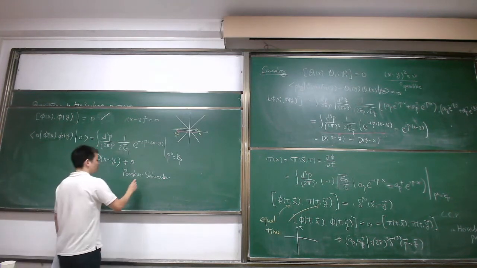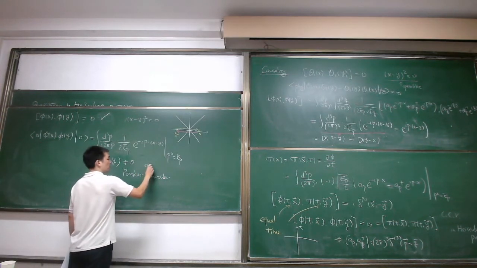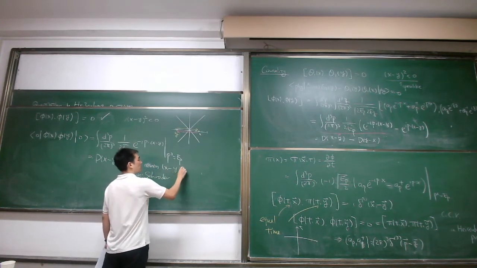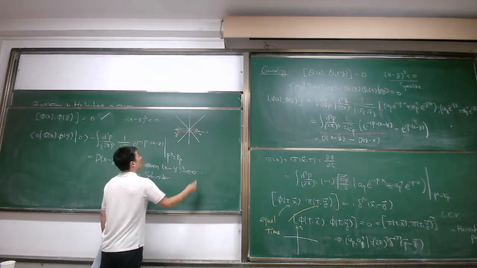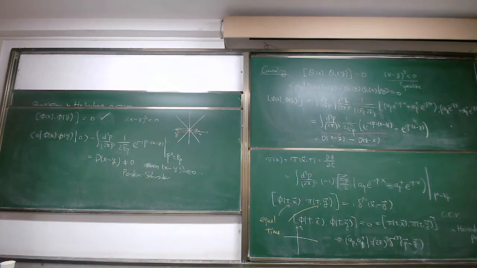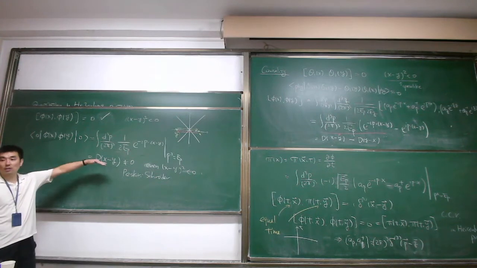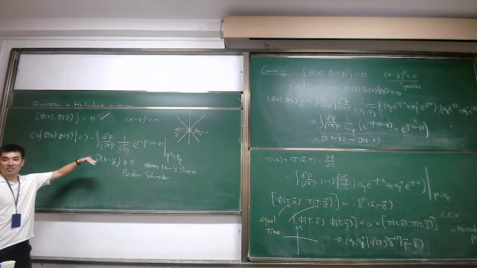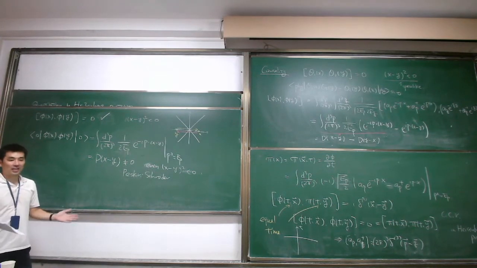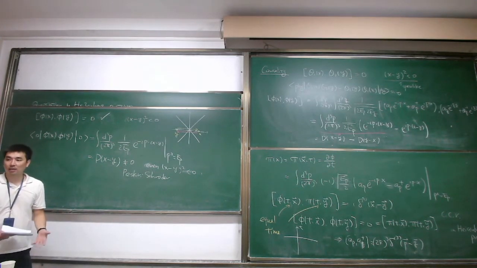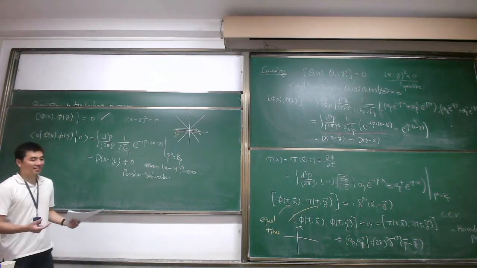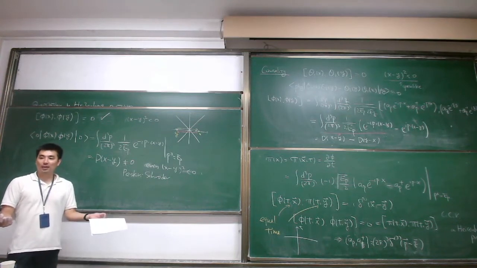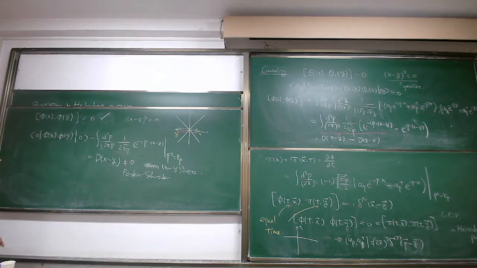But even at spatial separation, this is non-zero. That's okay. Even if the correlation function is non-vanishing at spatial separation, that doesn't violate causality. It doesn't mean that a measurement at point x affects the measurement at point y. So it's totally fine.